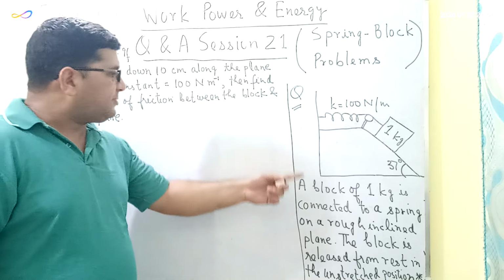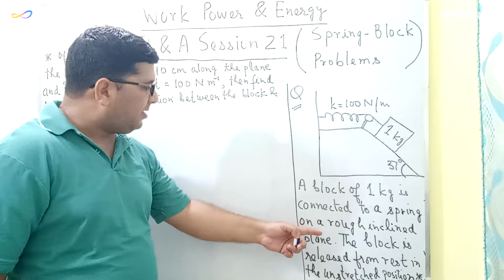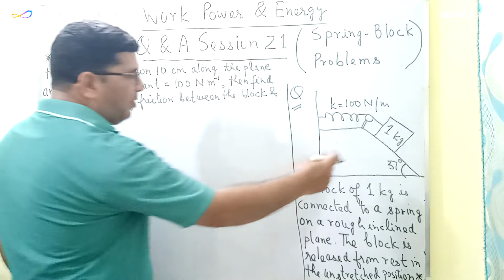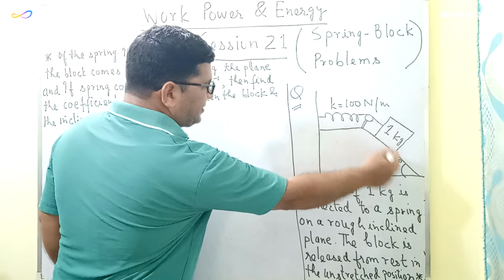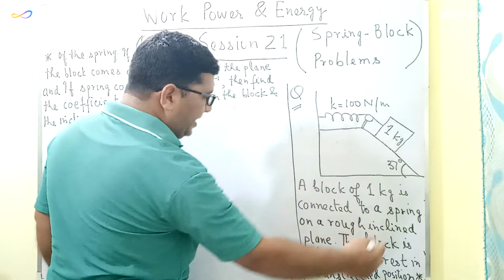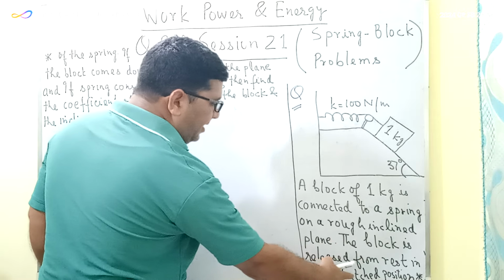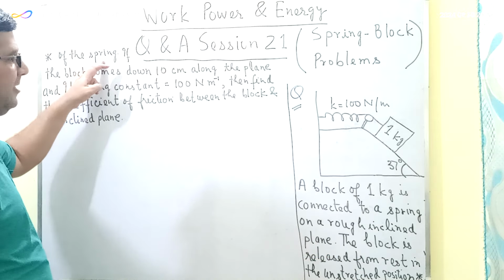The question here is that a block of 1 kg is connected to a spring on a rough inclined plane. This is the inclined plane, and the block is released from rest in the unstressed position of the spring.